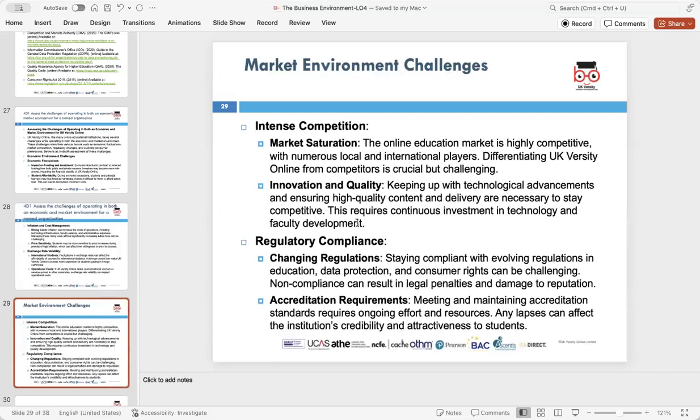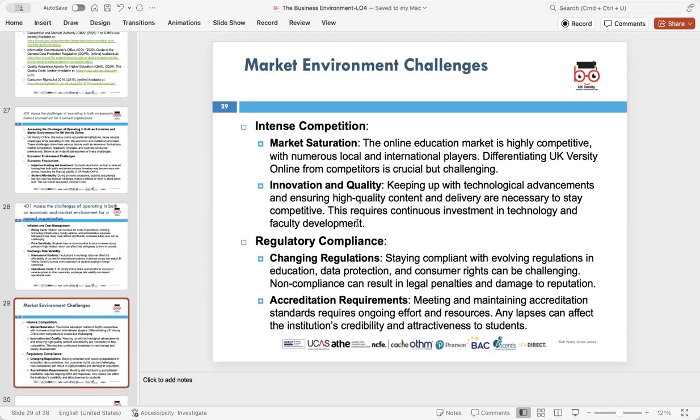Market environment challenges. The online education market is characterized by a high level of competition, with numerous local and international players vying for market share. So differentiating UK Varsity Online from competition is an important but challenging task.